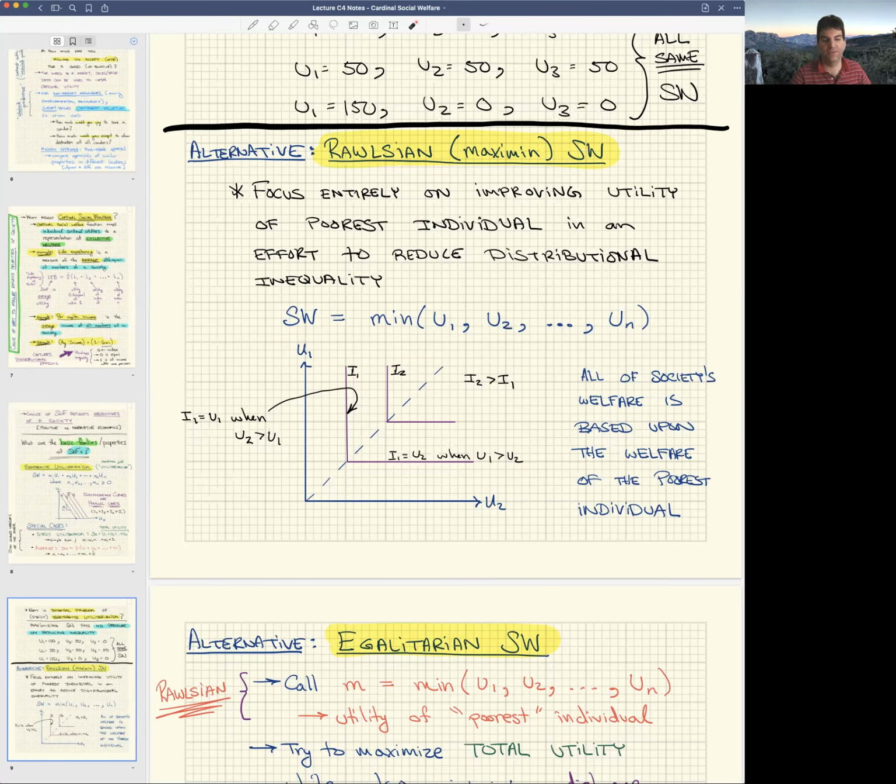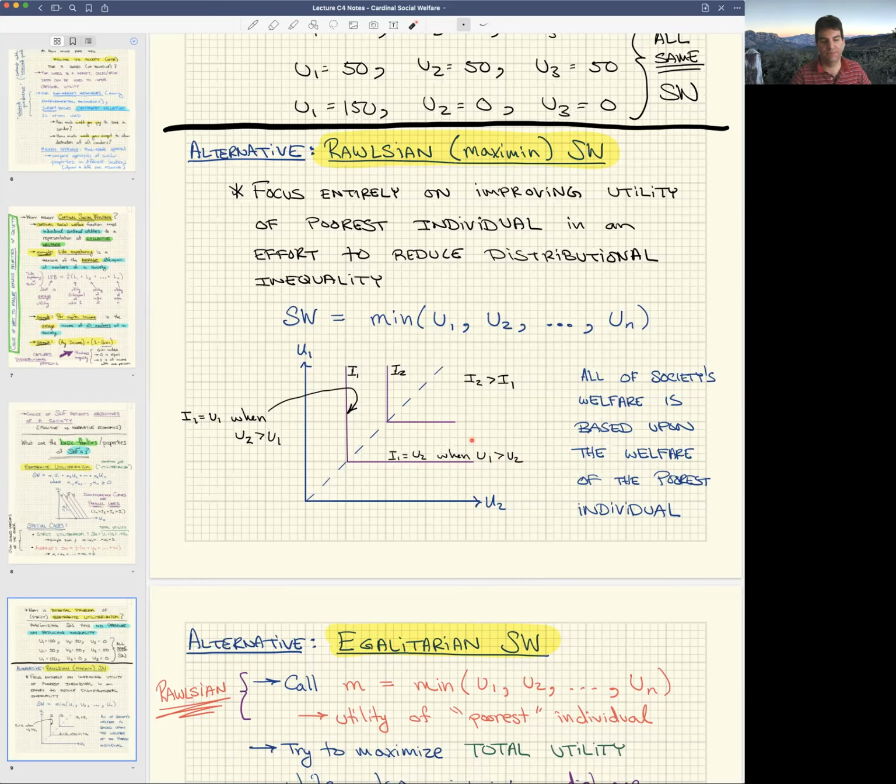That's why the indifference curves are vertical. Over here, they're horizontal because this is the region where individual 2 has a greater utility than individual 1, so all of our utility is based off the utility of individual 1.